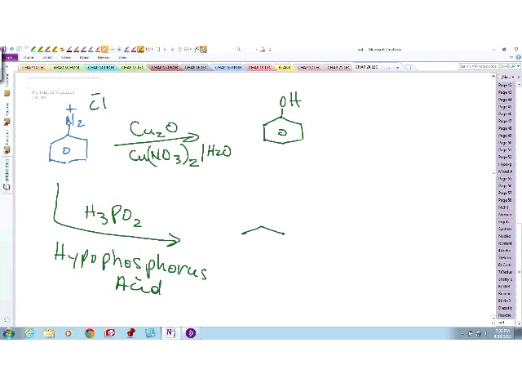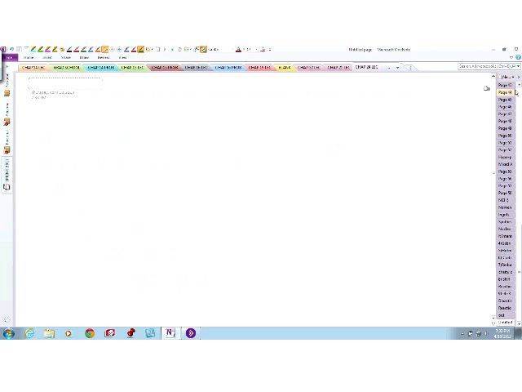Now, if you do that with diazonium ion or salt, sometimes we refer to it as diazonium salt, what do we do? We replace the amino with hydrogen. You will ask me, why would you want to do that? How crazy can you get? Okay, now this is why.